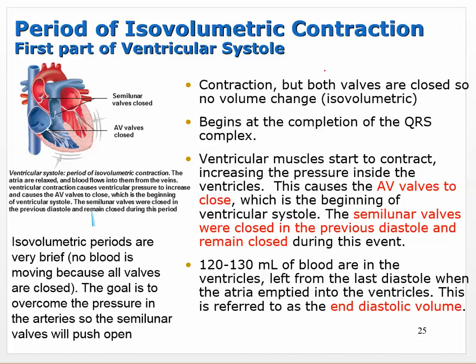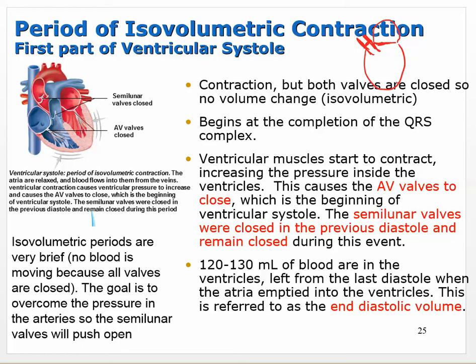Okay, so now the ventricle has filled with blood. Here's our ventricle, here's our atria, and this is our valve coming through. So we have this period of time where the ventricle starts to contract. Now, remember in the last step how our semilunar valve was closed?